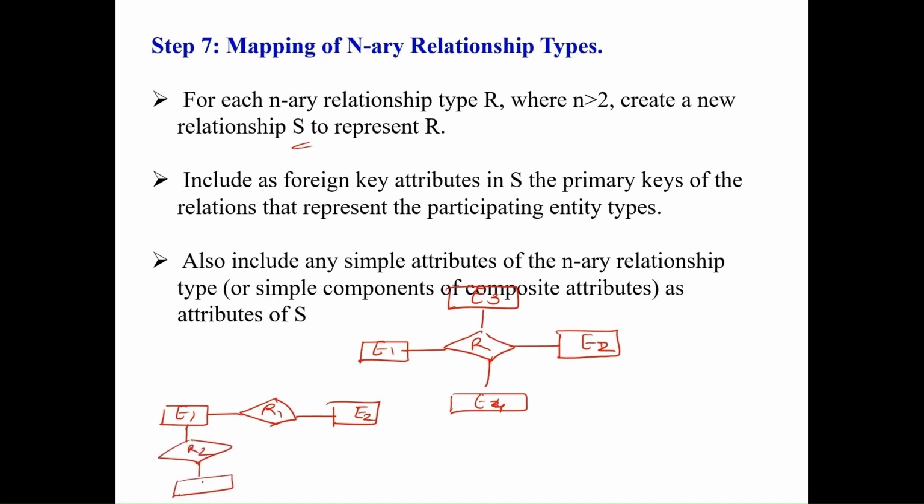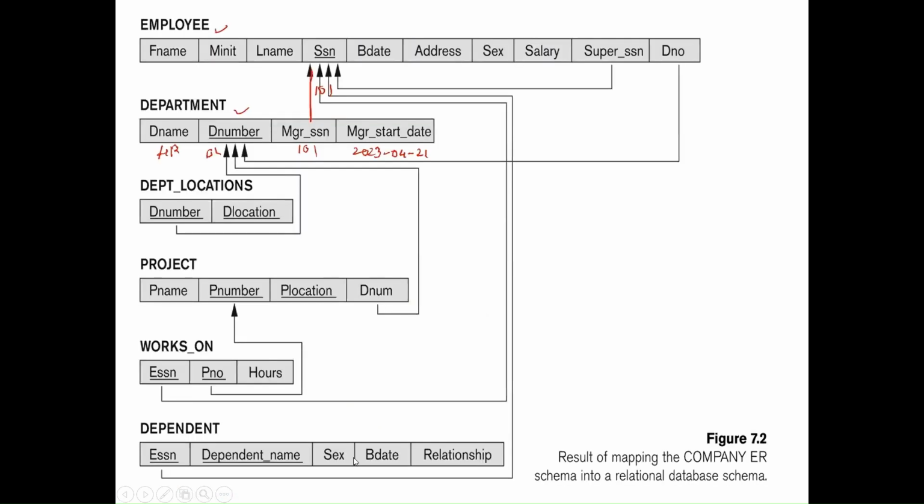So we have to create a binary relationship. Include foreign key attributes in S, the primary keys of the relations that represent the participating entity types. Also include any simple attributes of the relationship type. So whatever attributes are there, we can add to the relation. These are all the rules. By applying these rules, we get the complete relational schema.